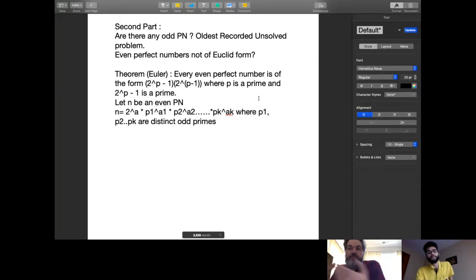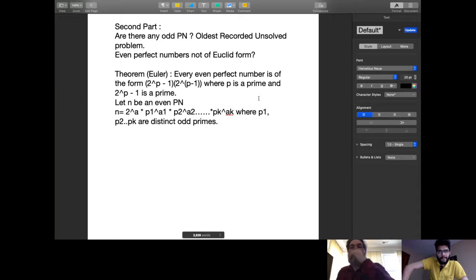A prime factorization can in fact contain the prime factor 2 to some power, but that's exactly what we did at the beginning. We wrote that first. And we know for a fact that the number is even, by our assumption, so there is a factor of 2 in it. So there is a 2 to the a in there, a larger than or equal to 1.